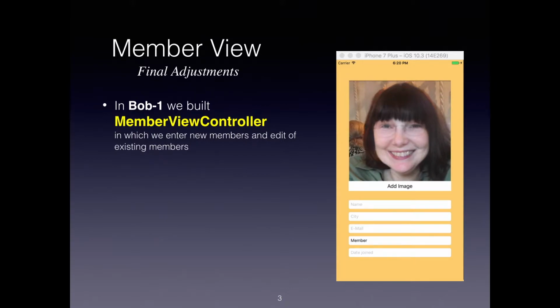Now, in Bob 1, we created this member view, as I've explained to you. How many of you actually cloned the file Bob2s? Anybody? 1, 2, 3, 4. Okay, so just to tell you what that means. How many of you are familiar with GitHub? Okay, you're all familiar with GitHub.